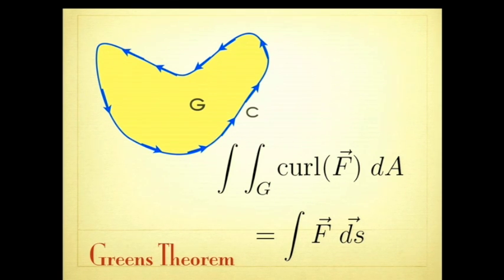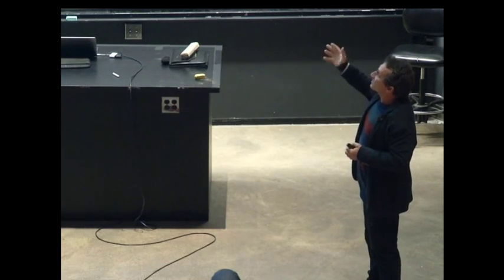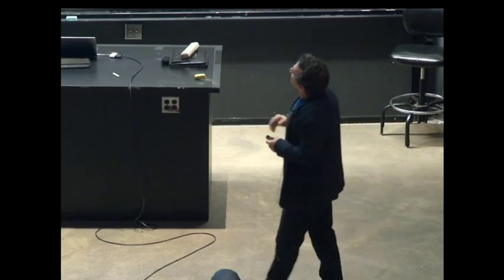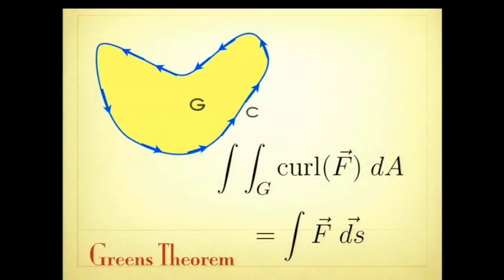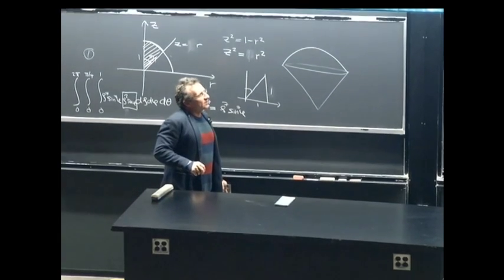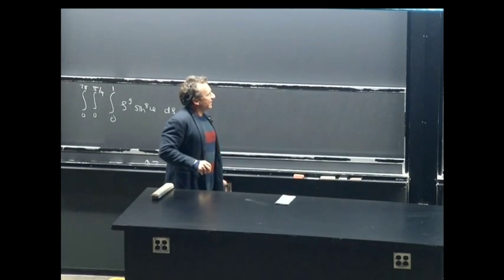Another way, you can use it to compute line integrals. And we do examples of both. So whatever is easier, you can use. So this is a problem. I think you have done this in a homework or something similar. But here we have a problem where we want to compute the area. And so this is an area problem.